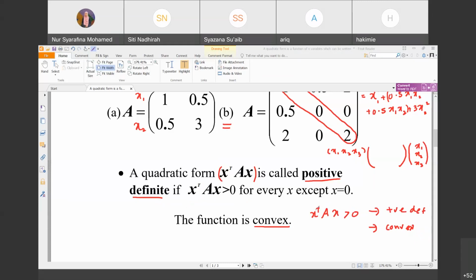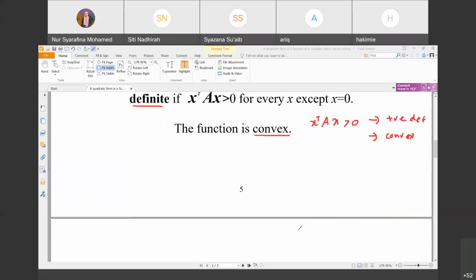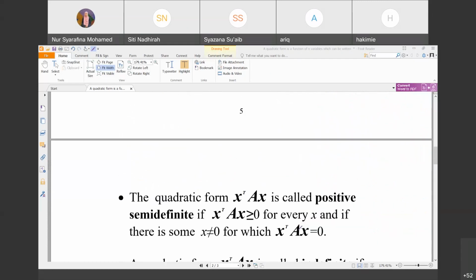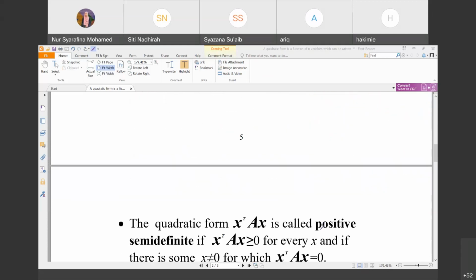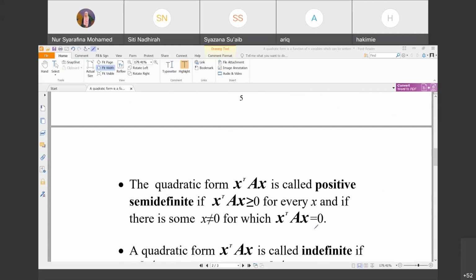All right. So that is the first characteristic of convex, where the quadratic form should be positive definite. Okay, second, the quadratic form is called positive semi-definite if x transpose A x is greater than or equal to 0 for every x. So maybe the value should be positive and sometimes it can be 0.